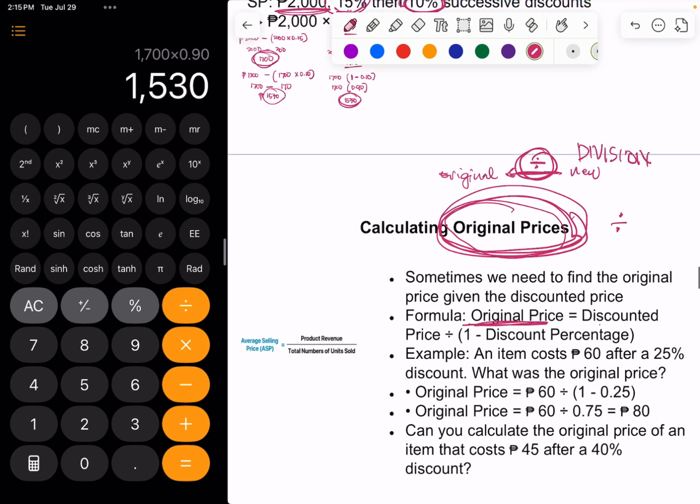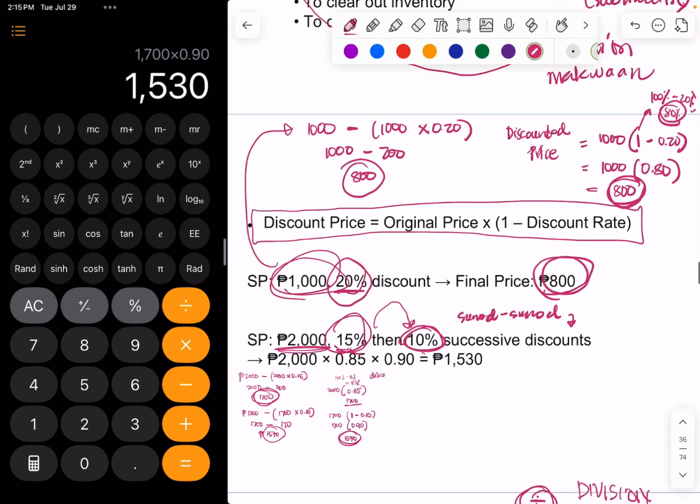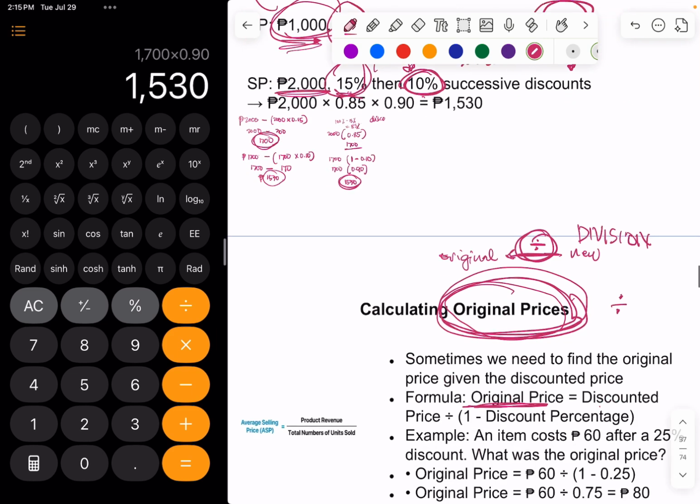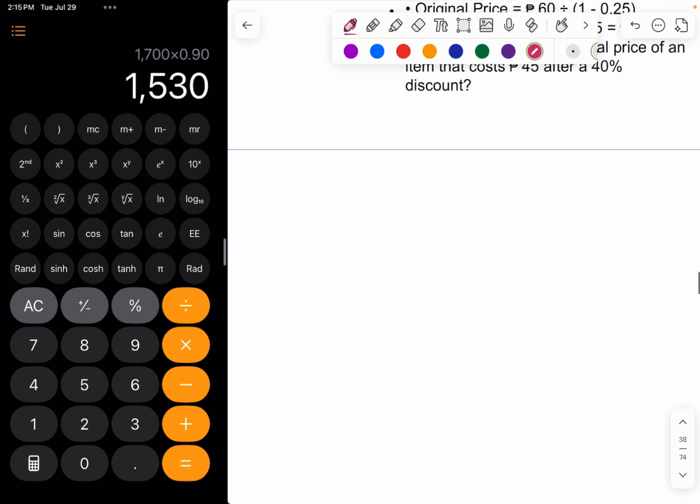So for example, let's have kani nga example. Ang original price si 1,000. Butangan nato og 20% discount, the answer is 800. So what if ang imong nahibaw-an is the selling price or the new price, which is 800 pesos.